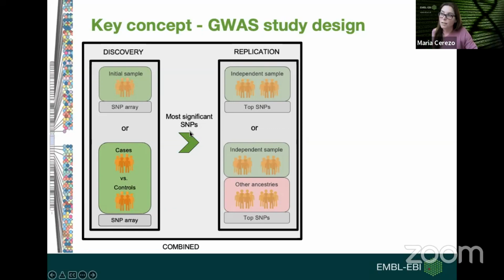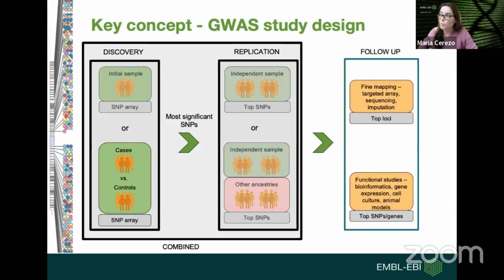Later on, the most significant SNPs can be replicated in an independent sample that can be from the same initial ancestry or another independent one. All the samples can have one common trait or can also have a background trait, and later on I will explain in more detail what that means.